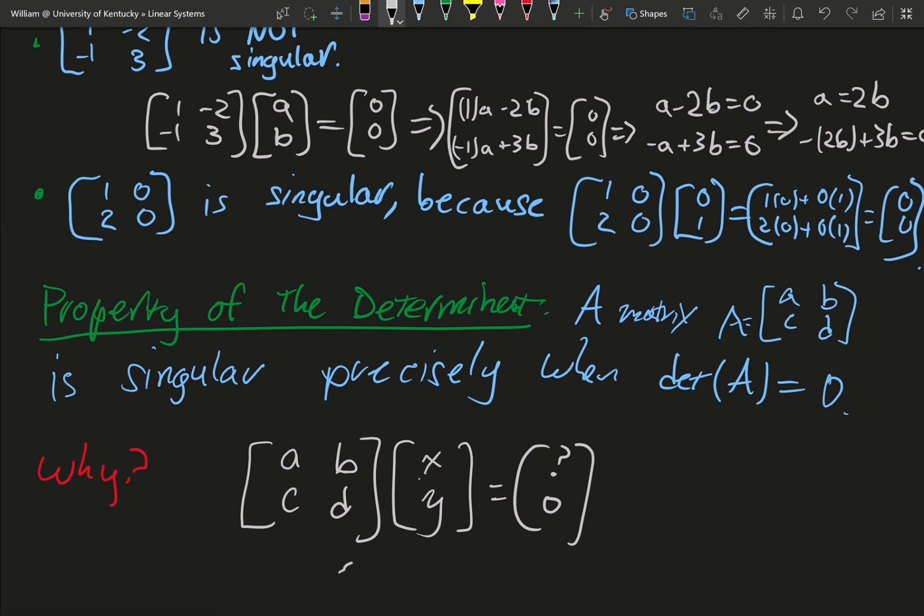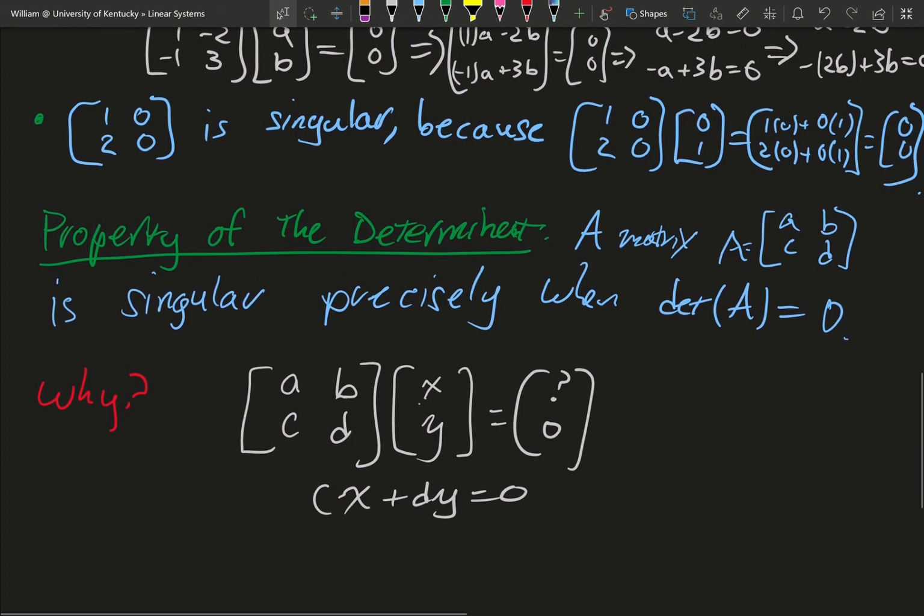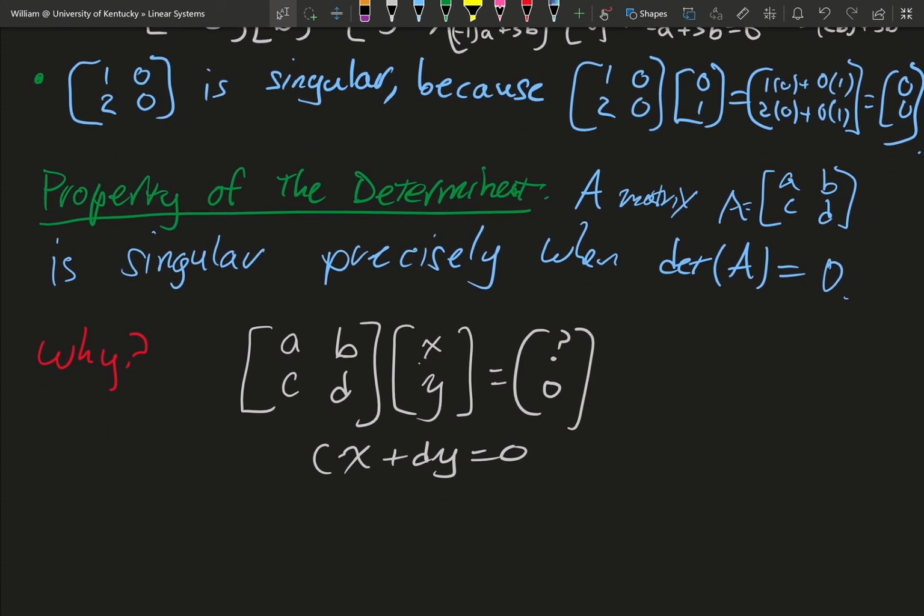I want cx plus dy to be 0. Well, one thing I could do that's kind of obvious is I could make x equal to d. So the first entry is d, and my second entry is negative c. So I just swap c and d, and I add a minus sign to one.